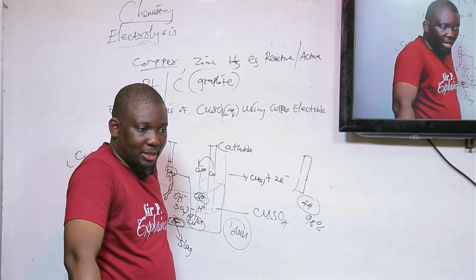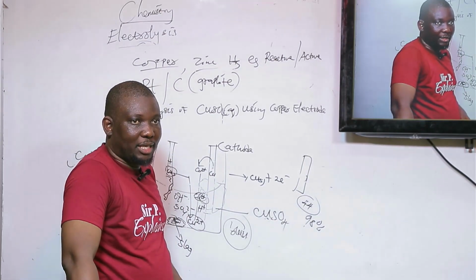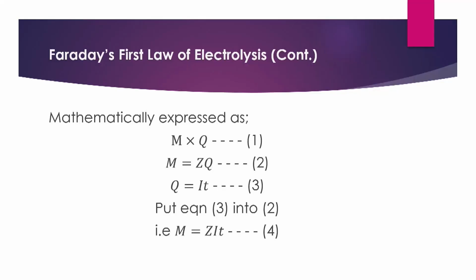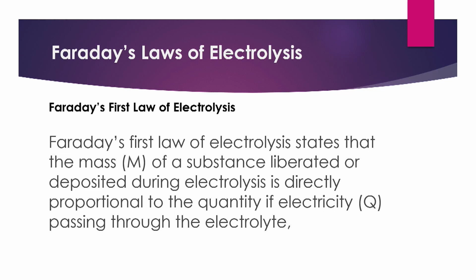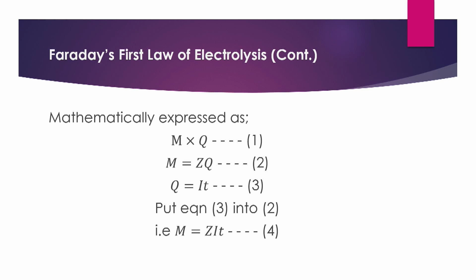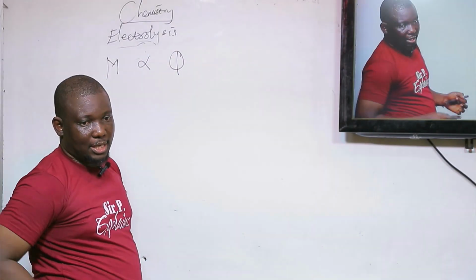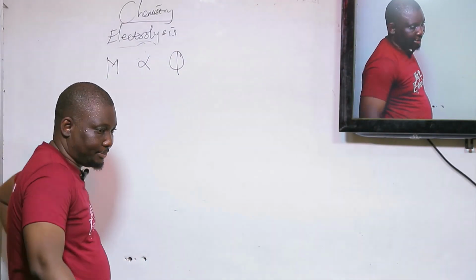So, looking at the mathematical statement of all we have said, just like in the word statement, the mass of element discharged, look at the M there, is directly proportional to the quantity of electricity, that is the current that was passed.